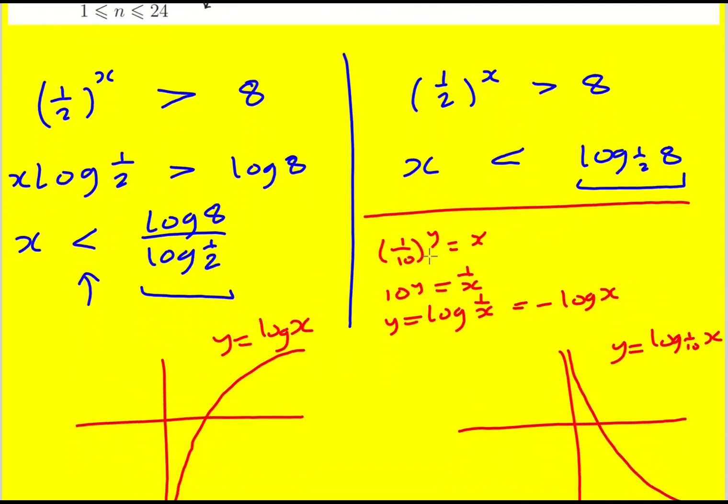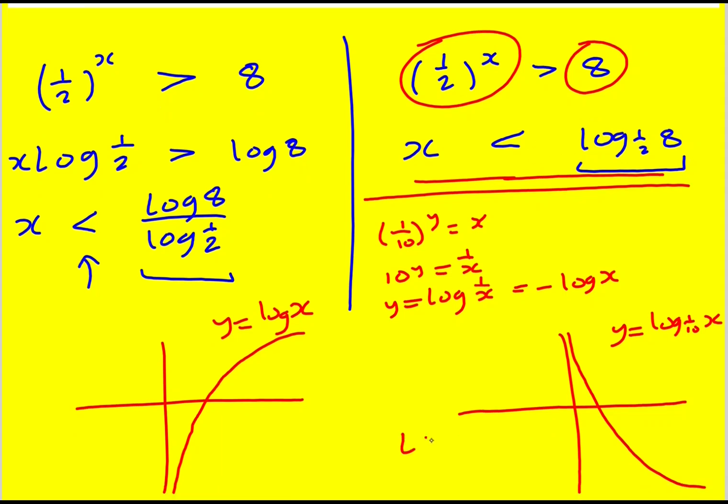So when we take log to base a half, we have to take that into account. If this is bigger than this, then when you do log to base a half, it's going to swap around. The right-hand side is suddenly going to become bigger than the left-hand side. For example, if I find log to base 1 over 10 of 3, it's going to become negative, down here.